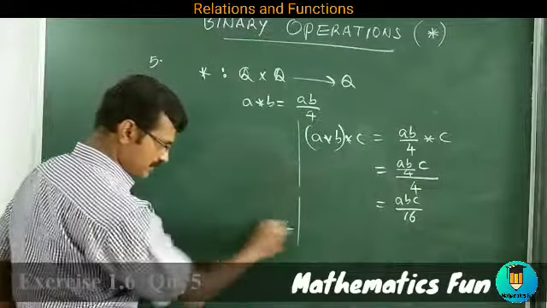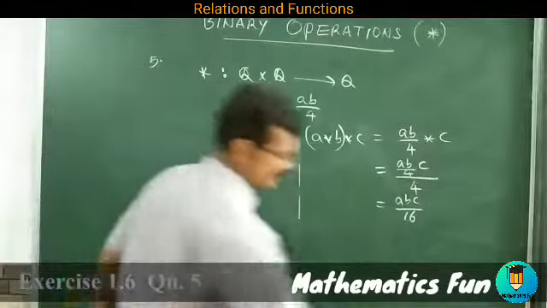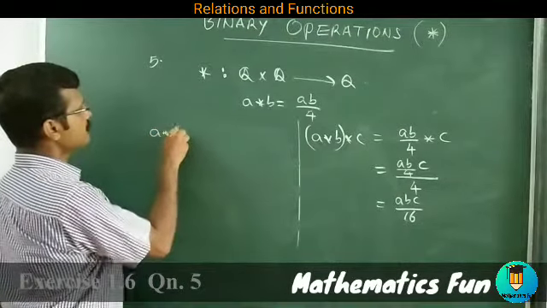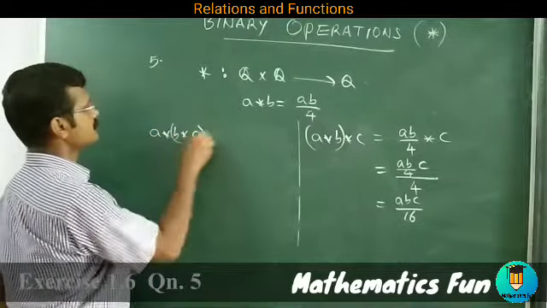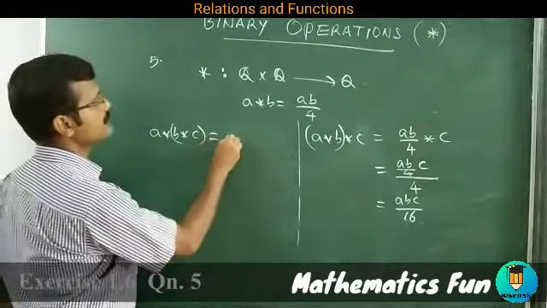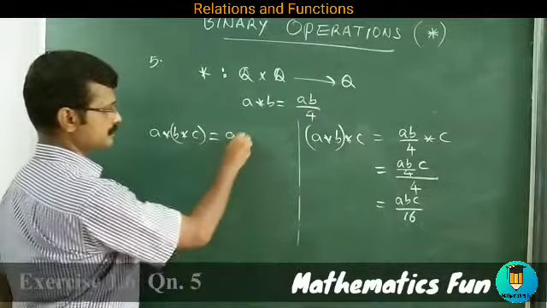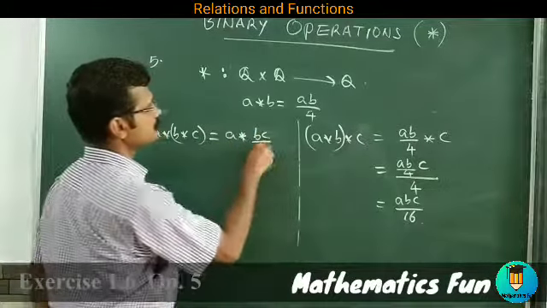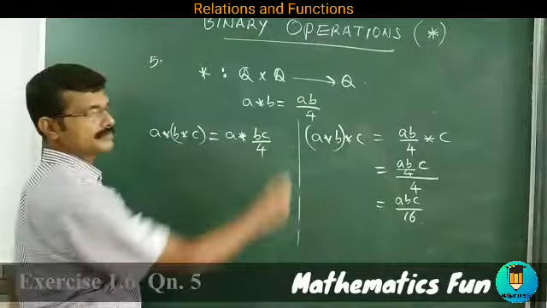I have to prove associativity, so I have to go for the next one. Next one I see is A star (B star C). Bracket I place on the side. First of all I will do this operation: B star C is BC by 4. Applied the rule.